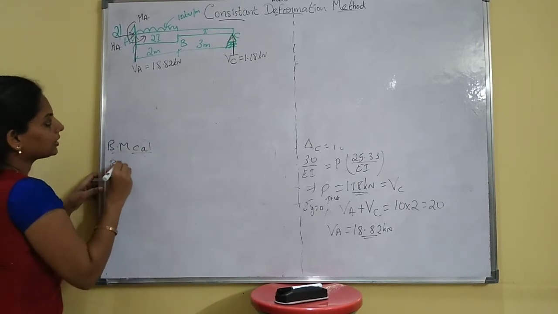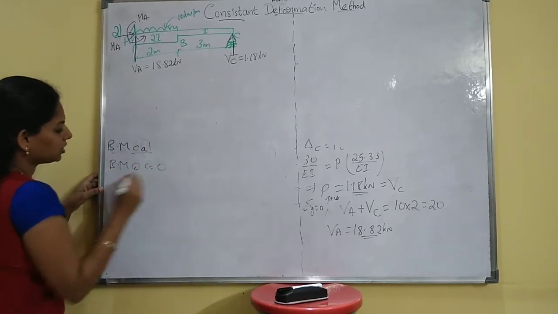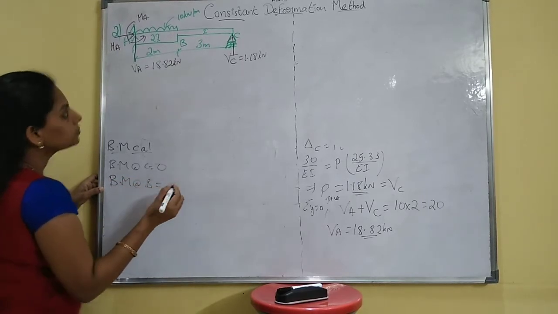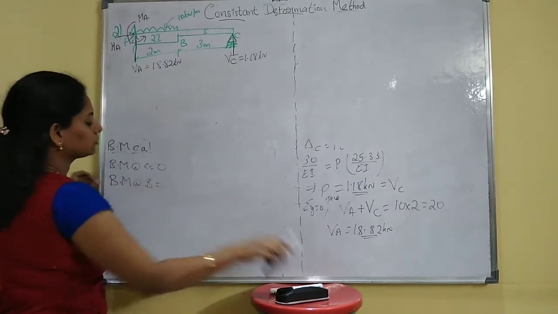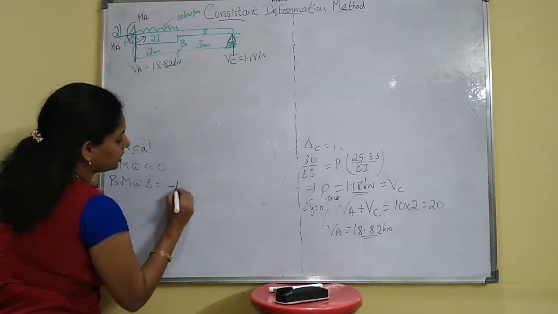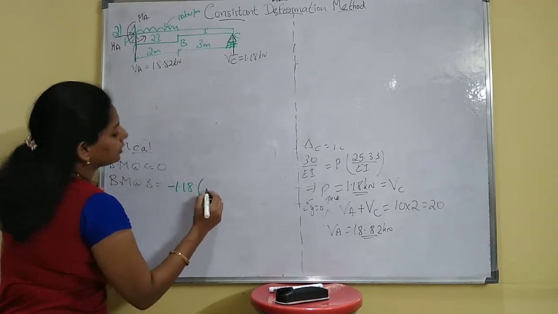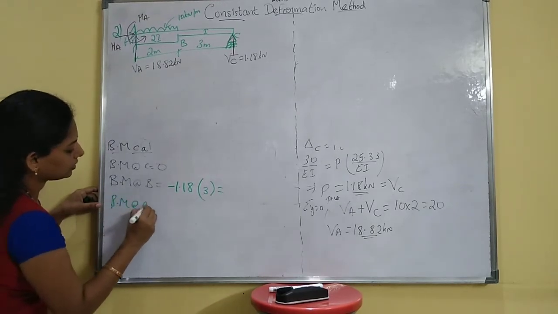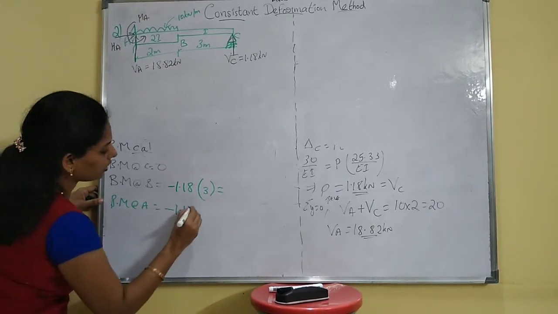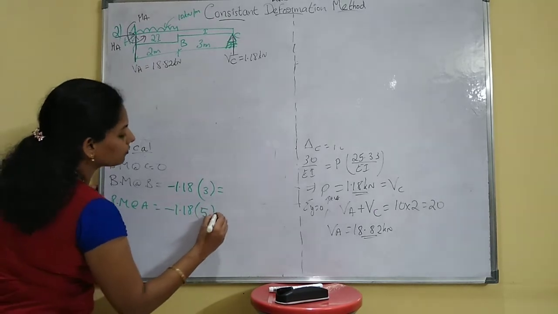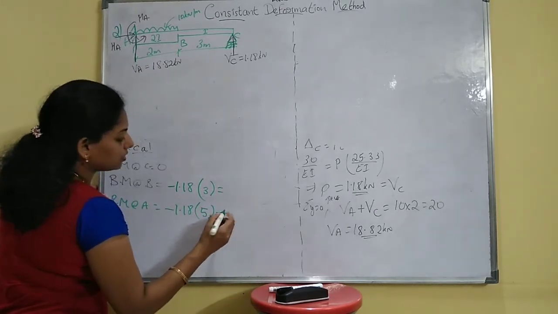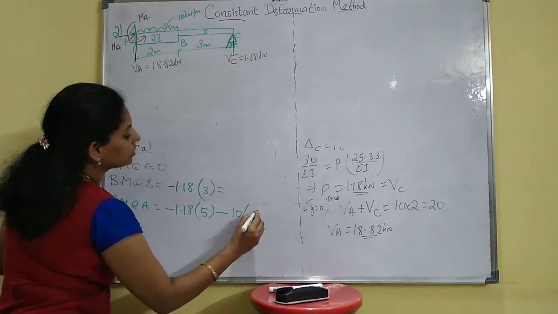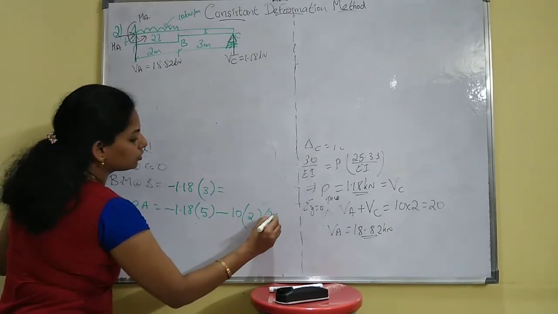So bending moment at C equals 0, bending moment at B equals minus 1.18 into 3, then bending moment at A equals minus 1.18 into 5, then minus 10 into 2 into 2 by 2.